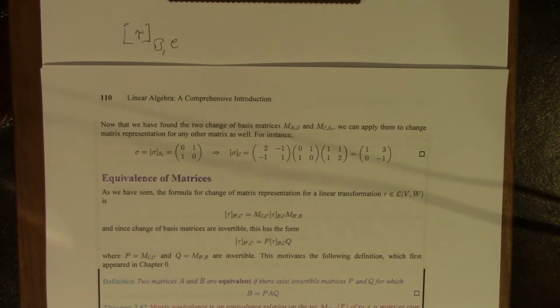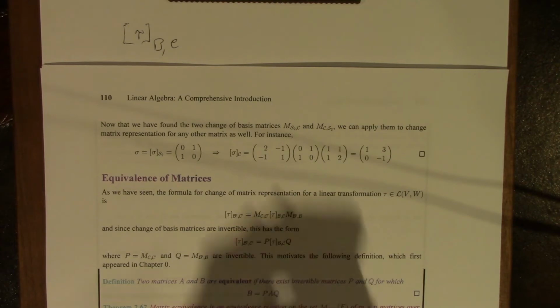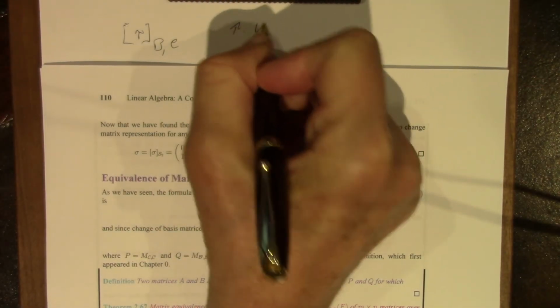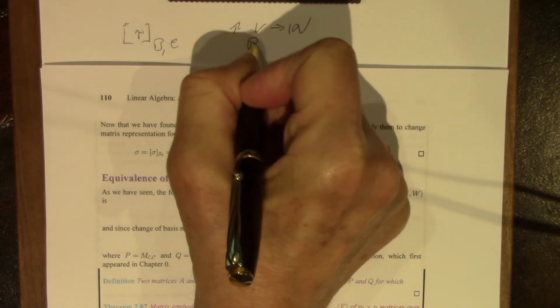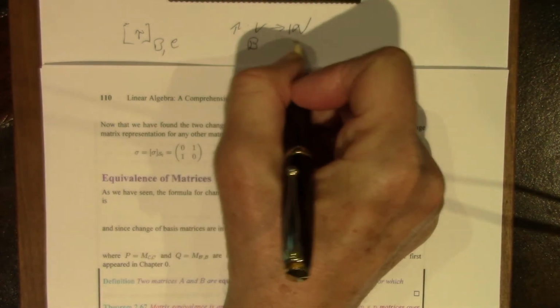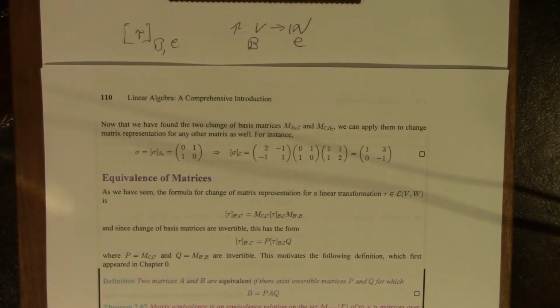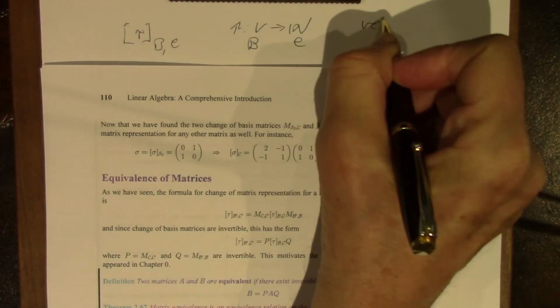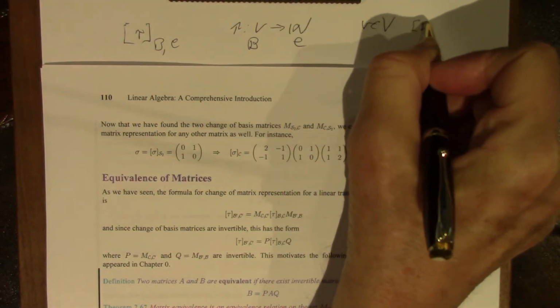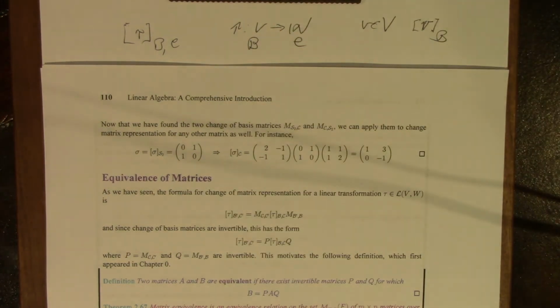If we are willing to ignore the difference between a vector and its coordinate matrix, so let's say tau maps V to W, and B here is an ordered basis for V, C is an ordered basis for W. If we're willing to ignore the difference between a vector little v in V and its coordinate matrix, which after all is really mostly notational, each one determines the other uniquely.